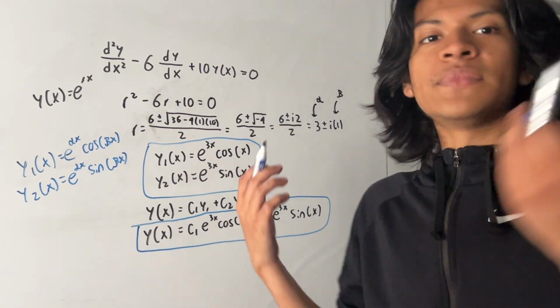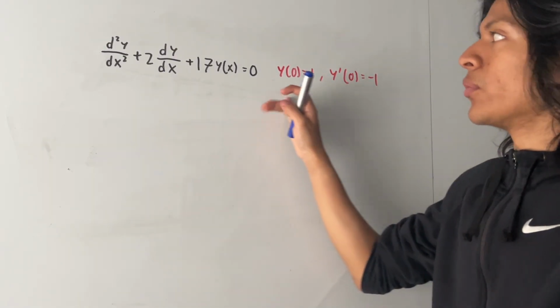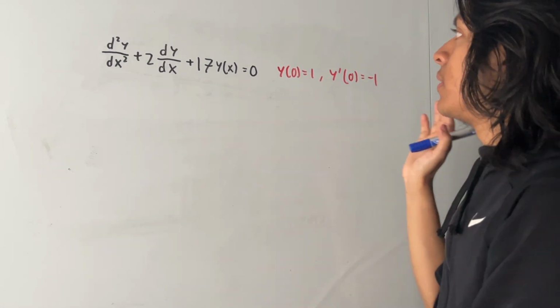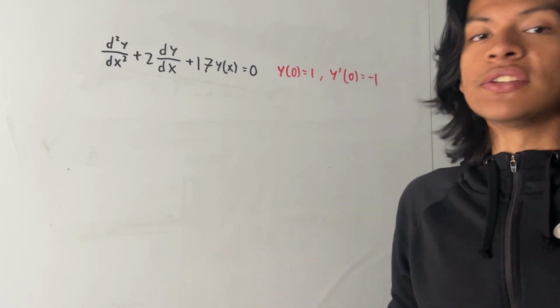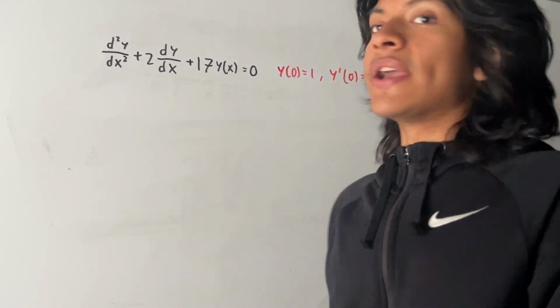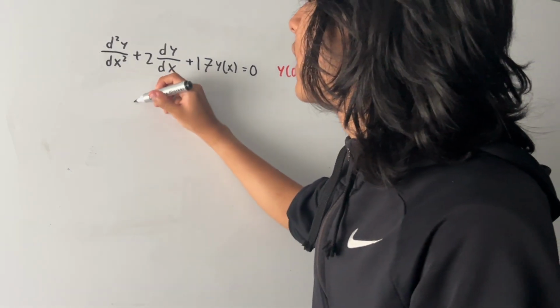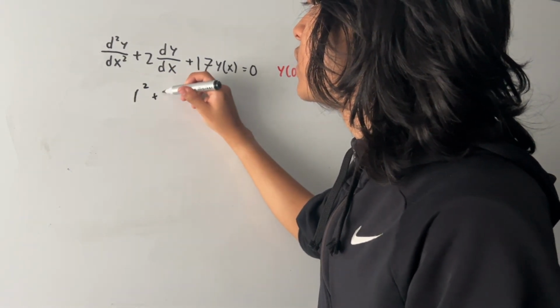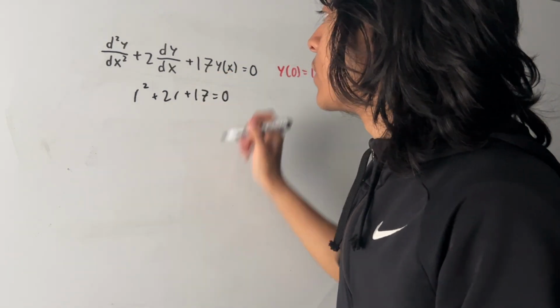And yeah, next problem. So here's our next differential equation. However, we're going to use initial points to solve this differential equation, so let's get right into it. Again, I'm just going to put the auxiliary equation right away. So we get r squared plus 2r plus 17 is equal to 0.